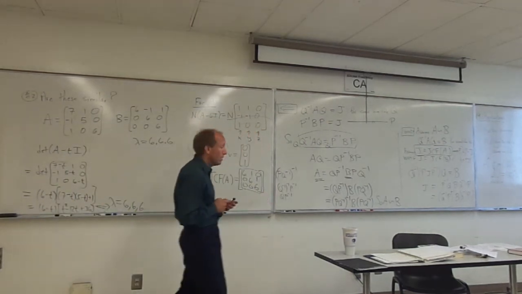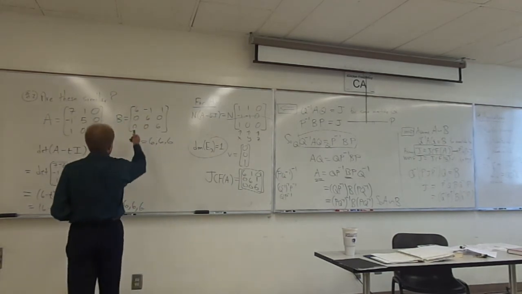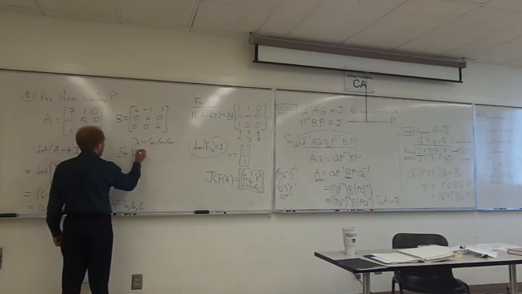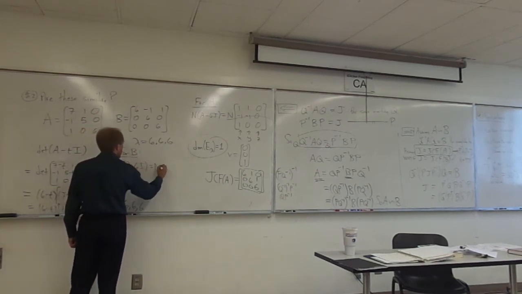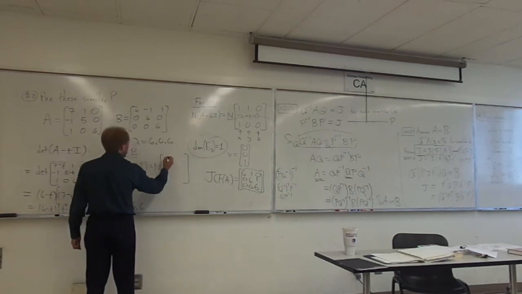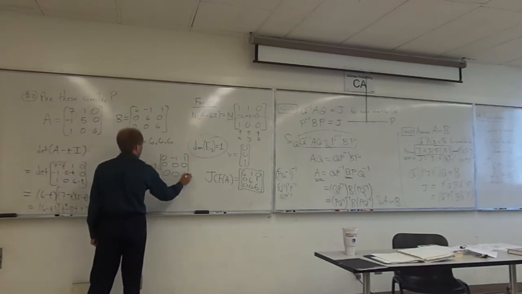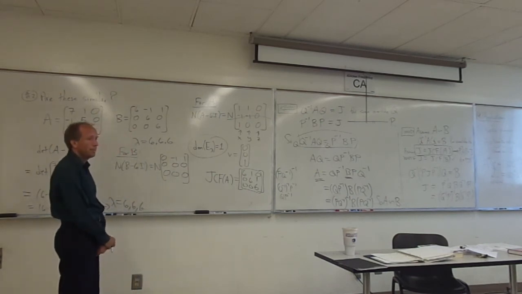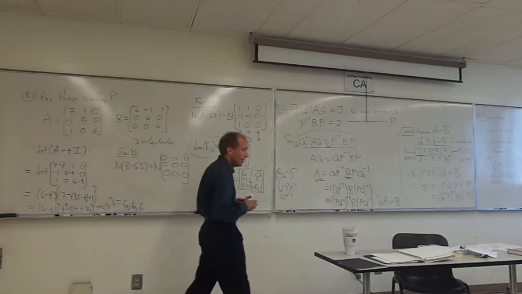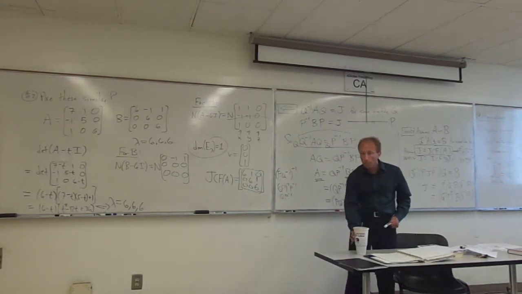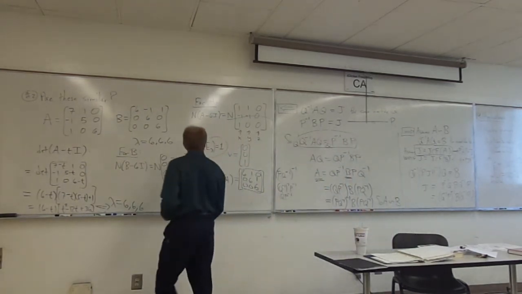With me? Okay, what about the other matrix, B? Well, for B, I can do the null space of B minus 6I. So that's the null space of, I subtract 6 again. And that's what I'm going to get. You all right with that?